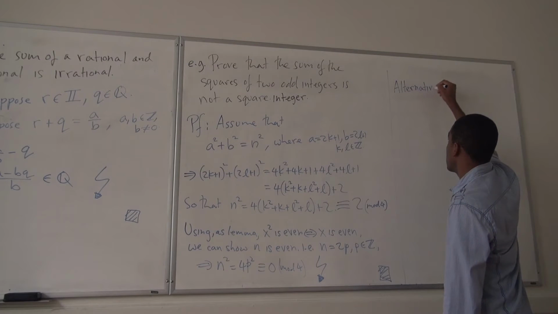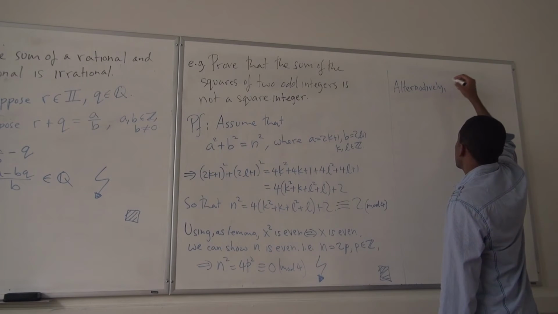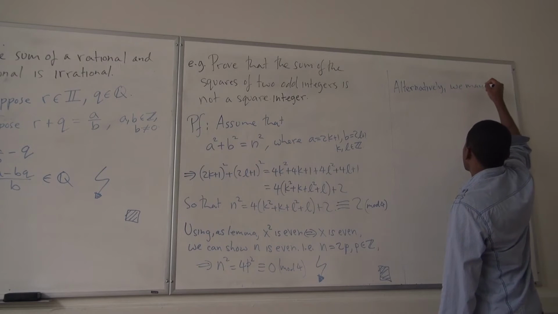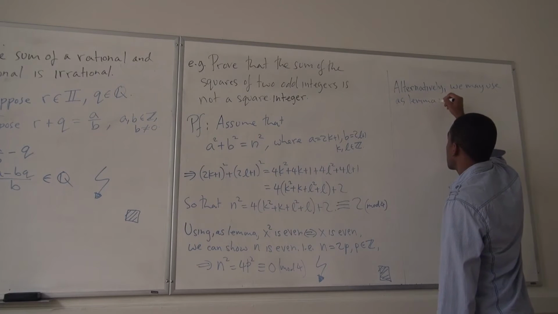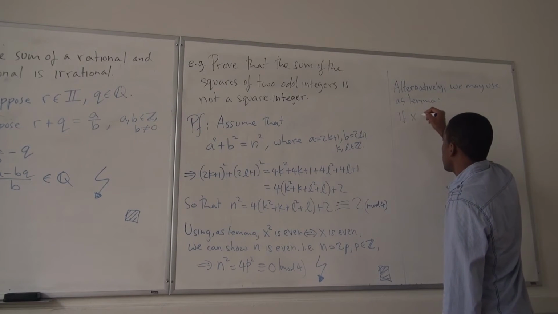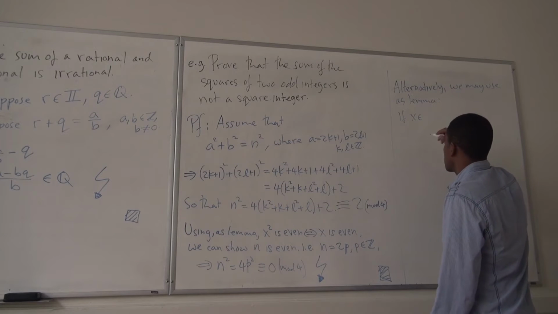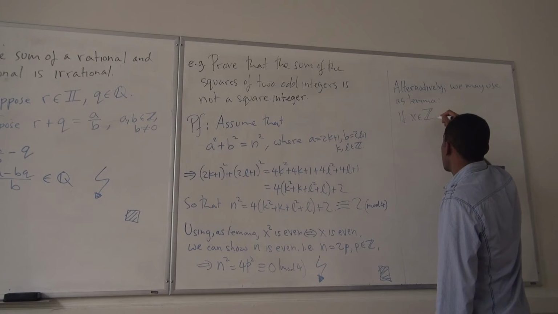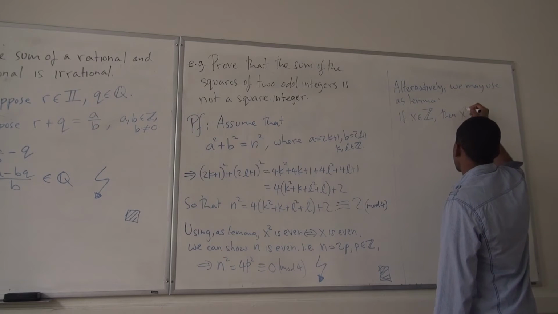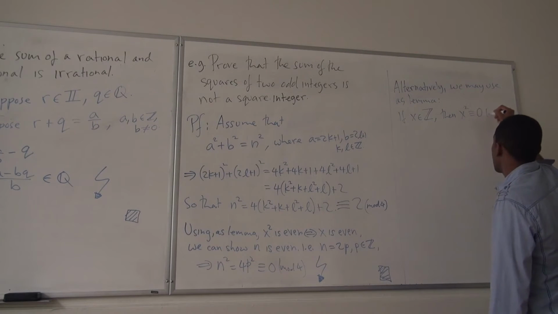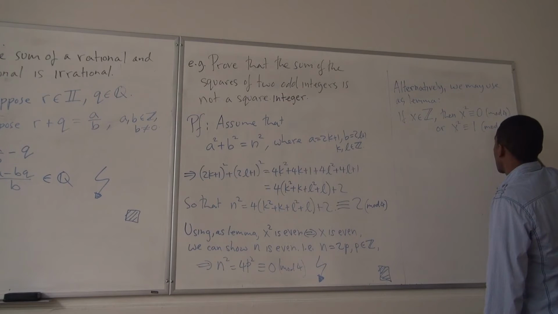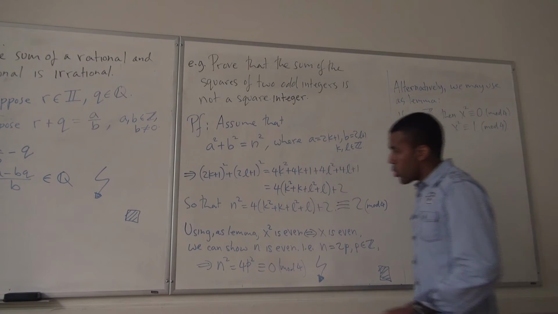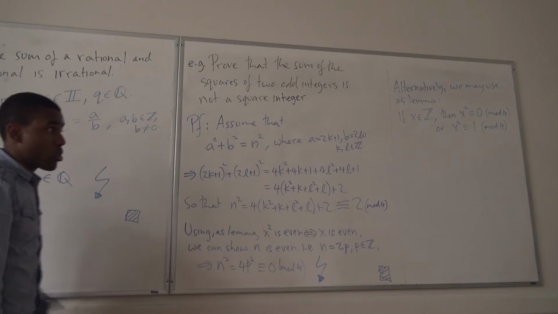Alternatively, we may use as lemma: if x is an integer, then x squared is equivalent to 0 mod 4, or x squared is equivalent to 1 mod 4. In other words, a square will always be equivalent to either 0 or 1 mod 4.